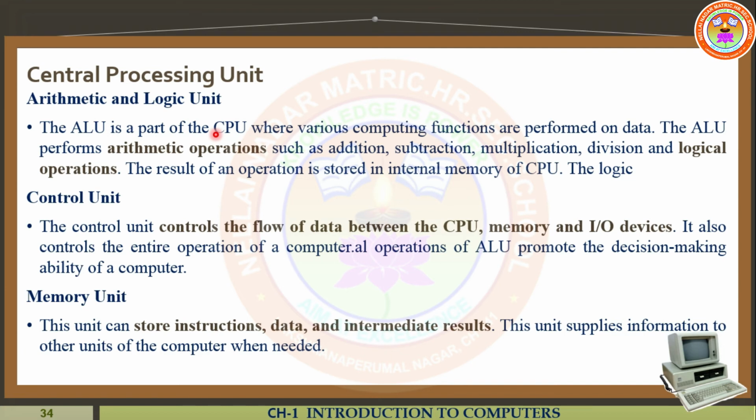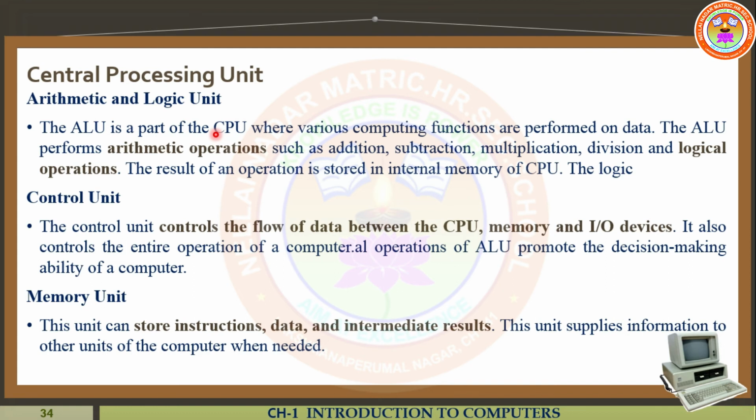Number 3, memory unit. This memory unit is very important to store all the data, instructions, or intermediate results, everything. If you want to store anything inside the computer, which unit is responsible? That is the memory unit. This unit supplies information to the other units of the computer whenever we need.